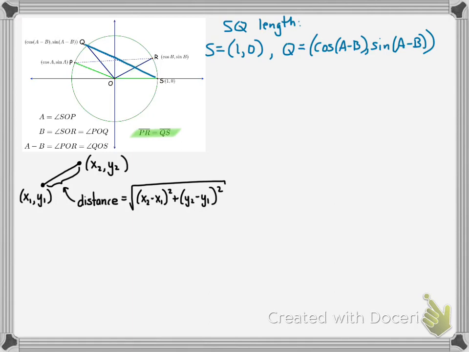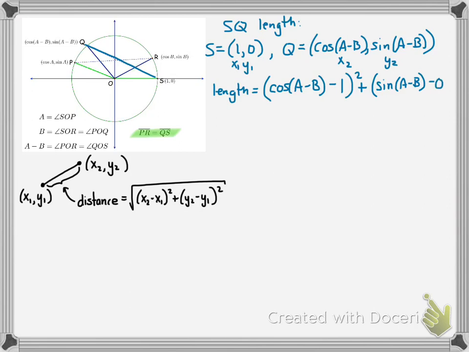If I think of S as our (x1, y1) and Q as our (x2, y2), then the distance between those two points is x2 minus x1, so that's cosine of A minus B minus 1, that quantity squared, plus y2, which is sine of A minus B, minus y1, which is 0, that quantity squared.